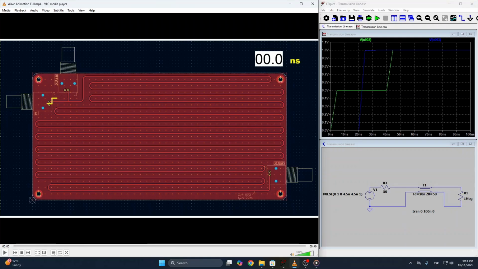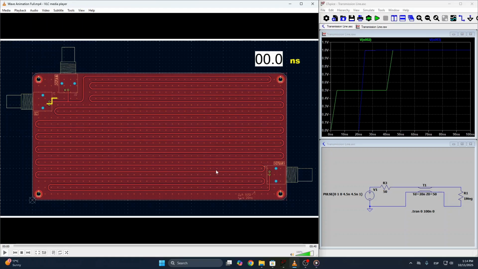To explain what's going on, I have prepared a simple animation, and please forgive my animation skills. Here, this yellow step signal starts at the top left of the board on the input connector and will start to move along the trace. But while the signal is propagating through the trace, and until it reaches the other end of the transmission line, it sees the trace as a 50 ohm load.